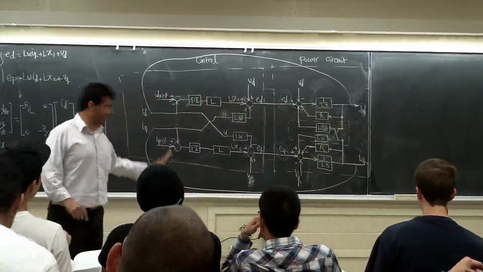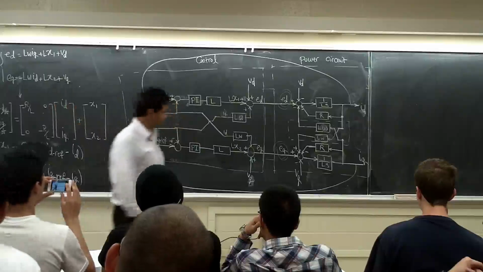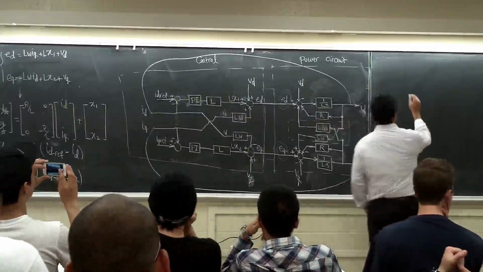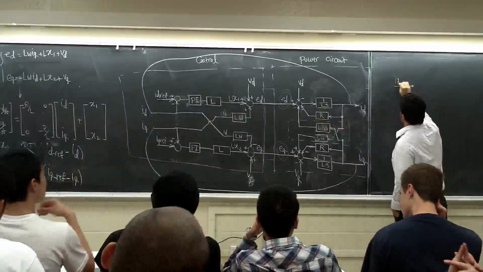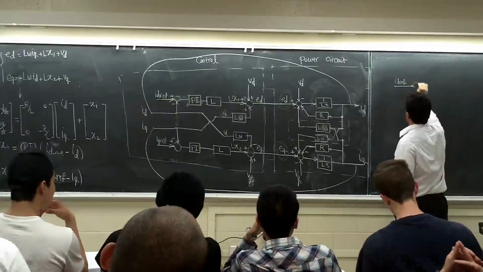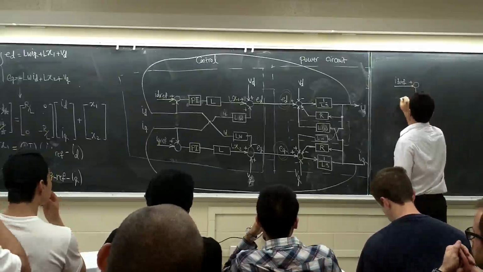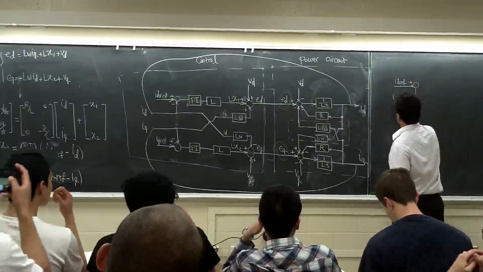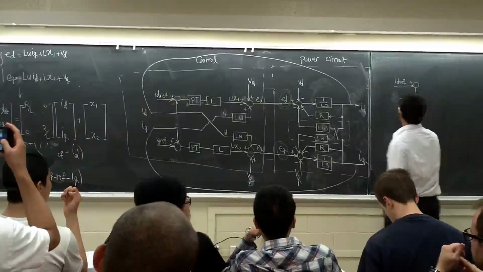Now let me draw this control diagram with the inverter in the system. So basically, we have ID ref, right? And we have ID. Let me put it here.